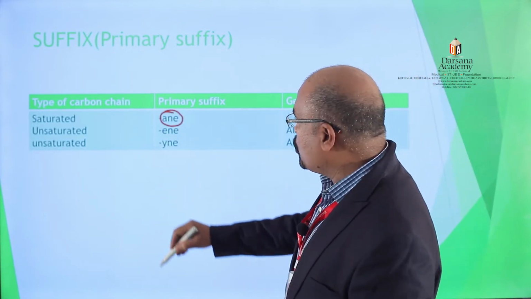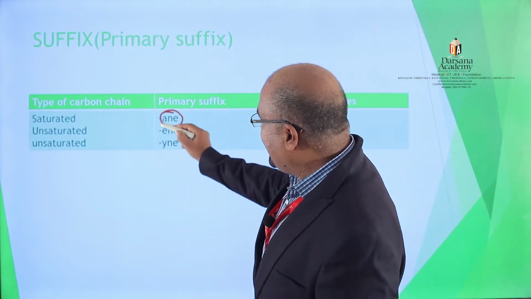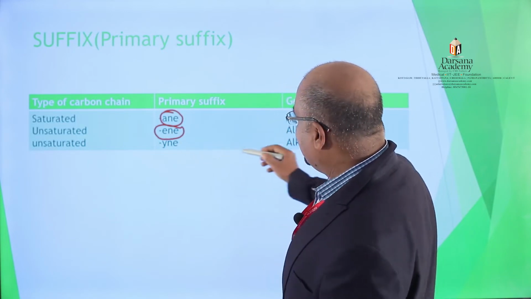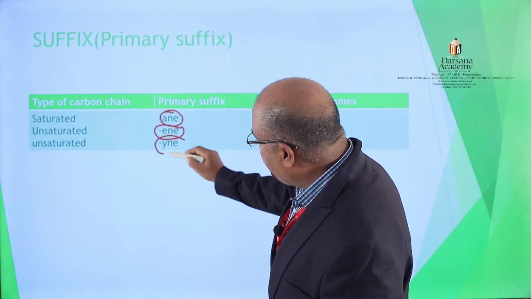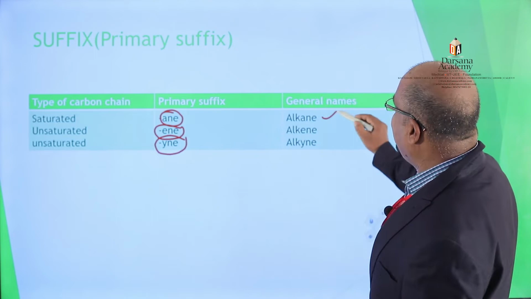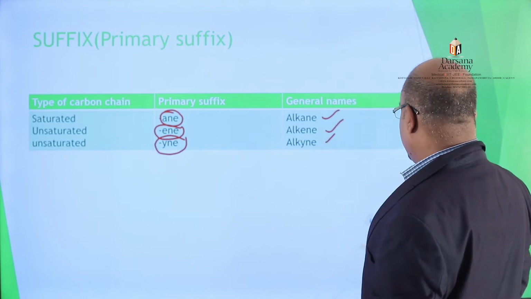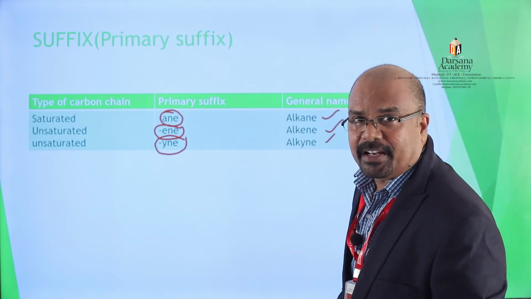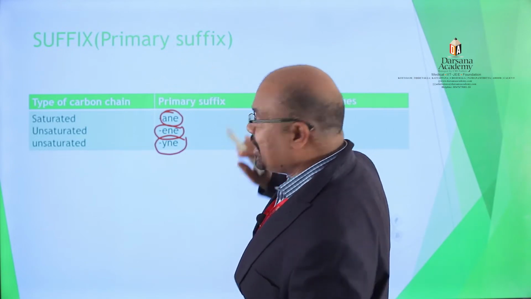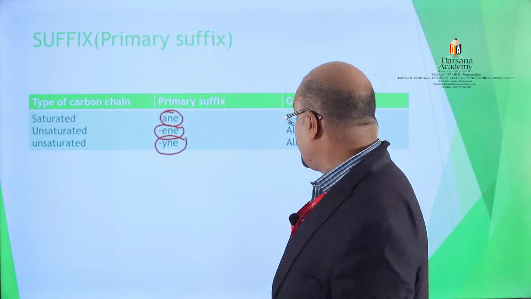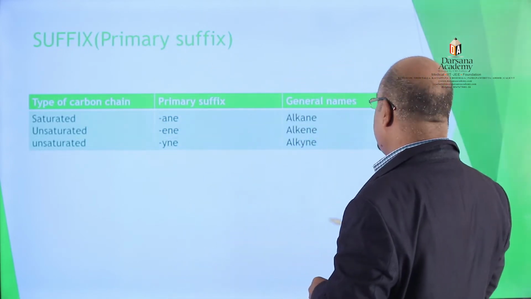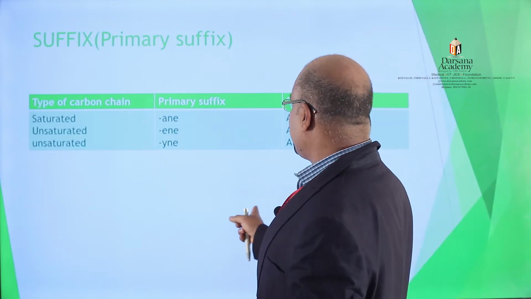If it is unsaturated with a double bond, ENE, so they are the alkene. Then if it is unsaturated with a triple bond, YNE, so that alkane, alkene, alkyne. Clear? So these are the primary suffixes which indicate the compound is saturated or unsaturated.